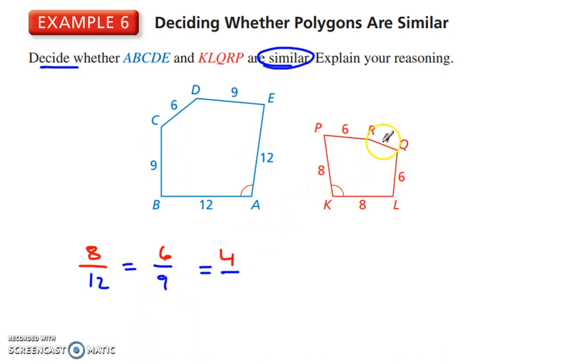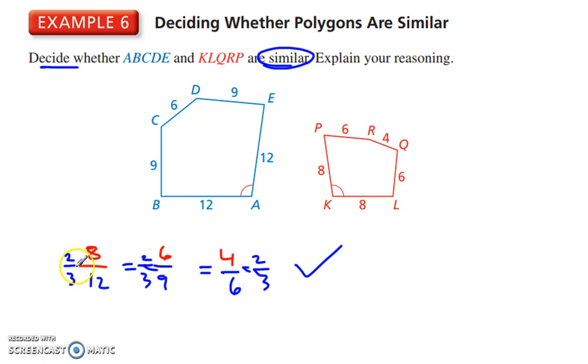So 6 over 9 and 4 to 6. Are these equivalent ratios? You could cross multiply to find that, or you could simplify. 8 over 12 simplifies to 2 over 3. 6 over 9 simplifies to 2 over 3. And 4 over 6 simplifies to 2 over 3. So their ratios are all the same.